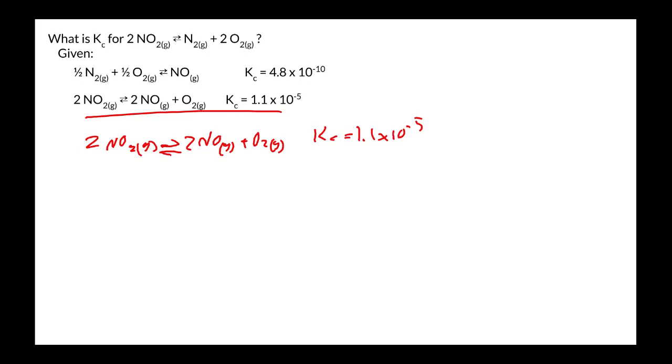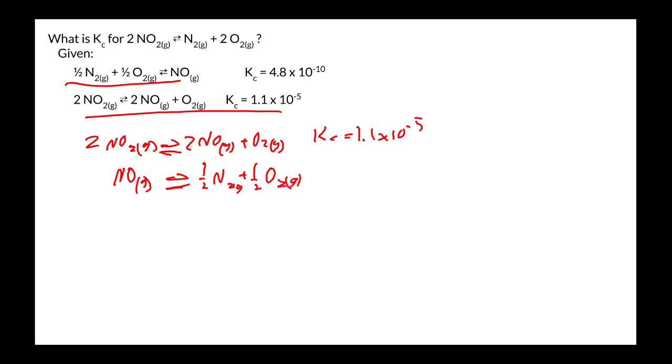I don't want any NO in my product side, so the first reaction, I'm going to flip it around so that NO will cancel: NO gas in equilibrium with 1/2 N2 plus 1/2 O2.